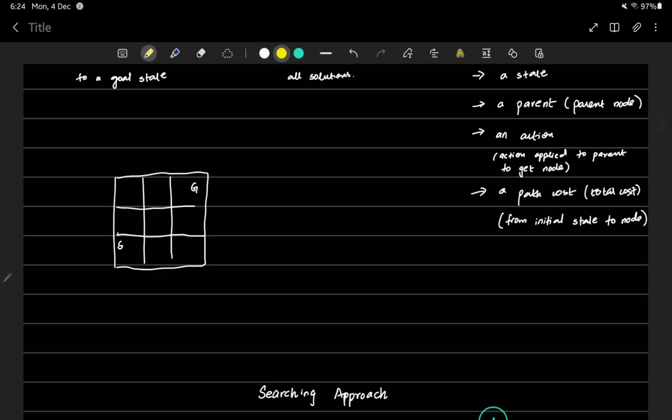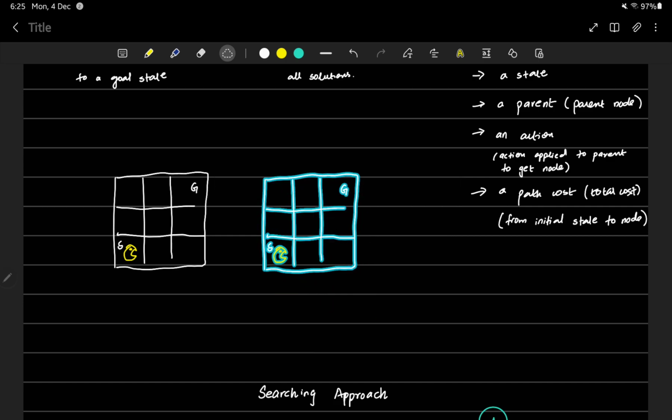So let's say I have this grid world. And initially my agent is here. So this is one particular state, right? Now, if I say that I have this new state now, and my agent is at a new position.